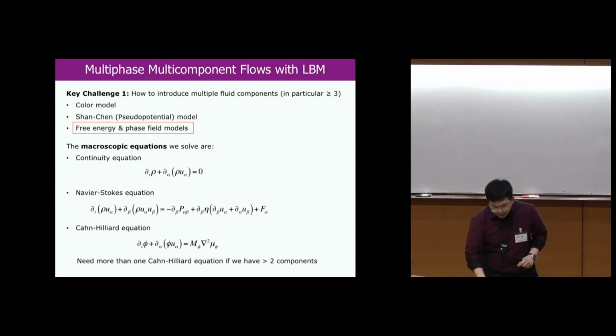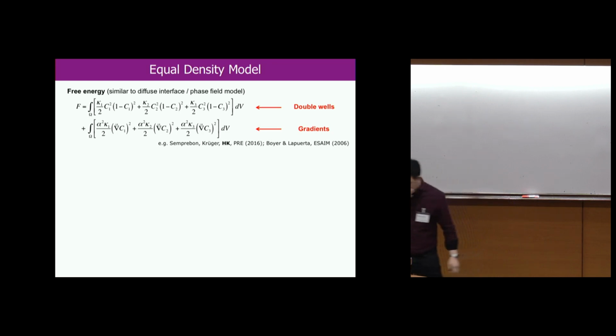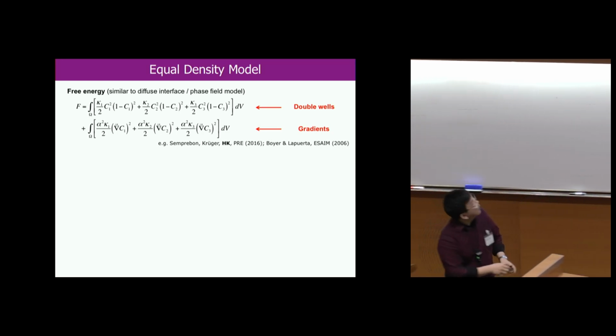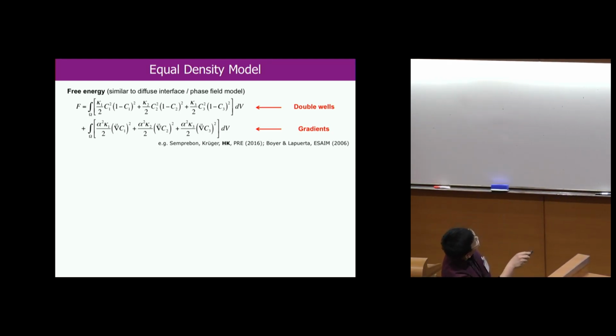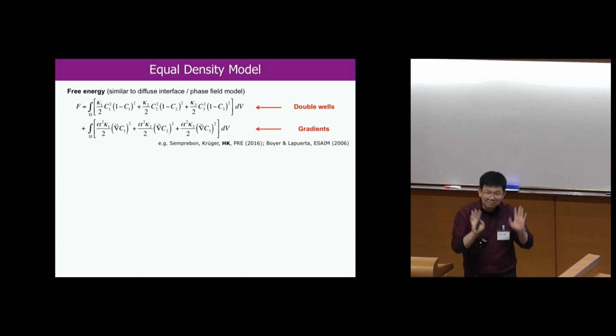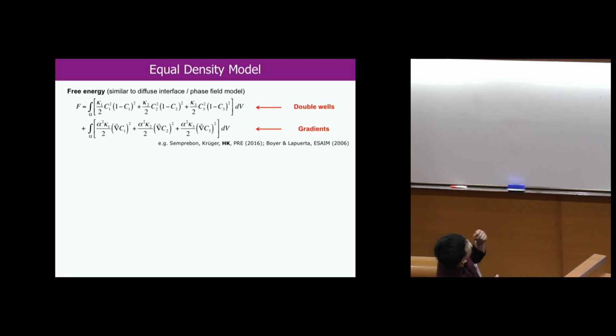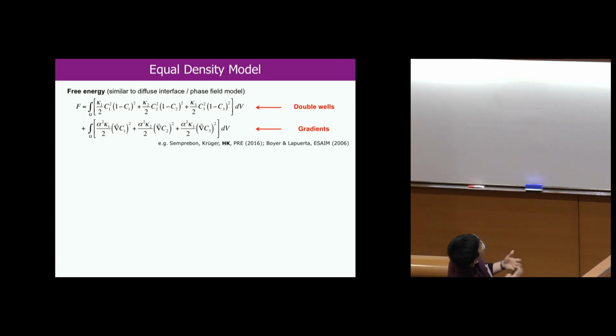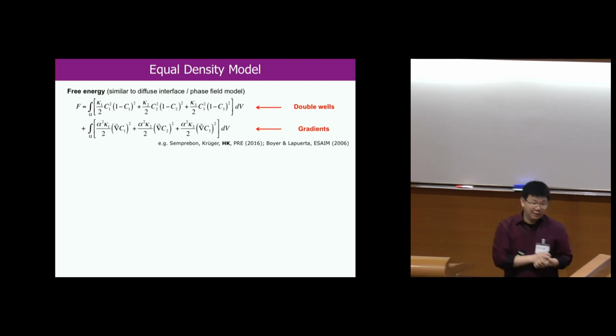One model that we can propose, and we're not the first one, probably Boyer and Lapuerta was the first one, and if not, I apologize. What they proposed is that, let's say you have 3 fluids, and one way to do this is by simply introducing several double-well potentials. You can see there are 3 of them corresponding to each of the bulk phases. This term tells you that there is a minimum at C1 equals 0 and C1 equals 1.